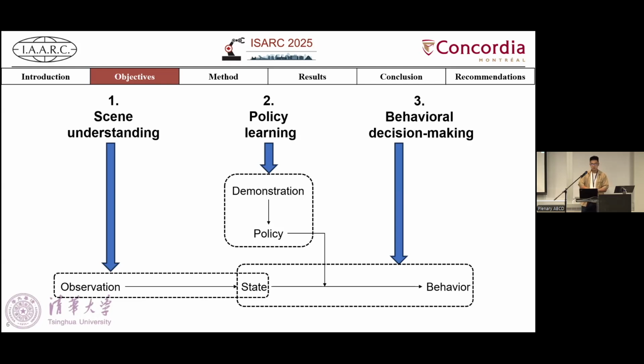The second is to develop a policy learning method that allows the robot to learn from human experts to decide what action to take under different situations. And the last is to develop a behavioral decision-making method that allows the robot to make decisions based on its understanding of the scene and the learned policy. In the next sections, we'll present the details.